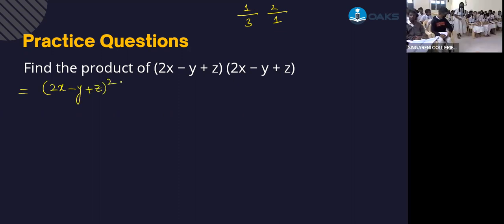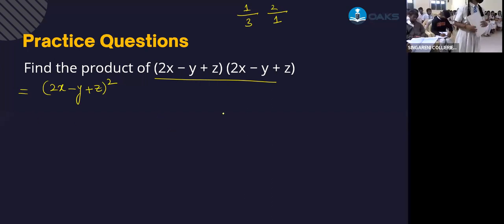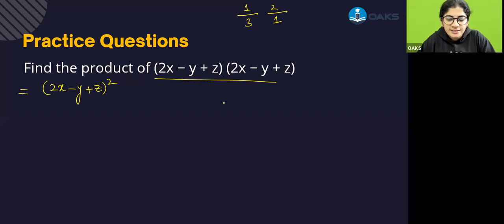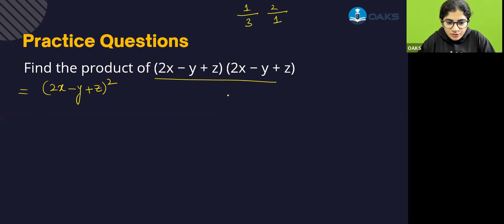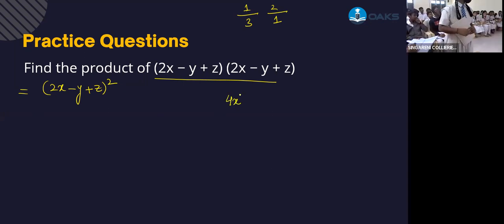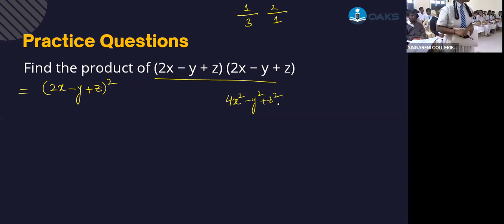Is this correct? I can write this as this. Yes, yes, you can tell me. Kindly tell the answer. 2x minus y plus z square. Okay, you are saying 4x square minus y square plus z square.